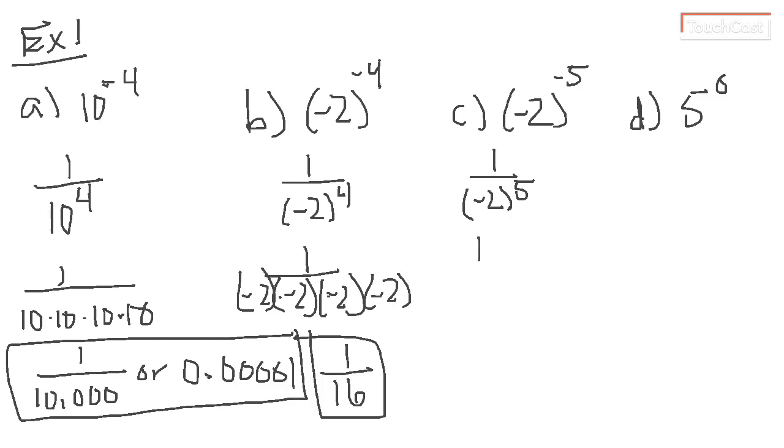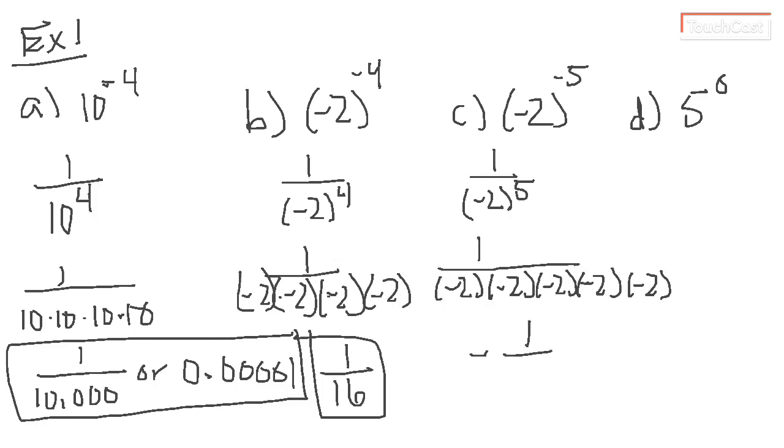We're going to have 1 over negative 2 times negative 2 times negative 2 times negative 2 times negative 2. Well, negative 2 times negative 2 times negative 2 times negative 2, 4 of them, we just figured out in example B makes 16. So positive 16 now times negative 2 is going to make a negative 32. So our answer is going to be negative 1 over 32.